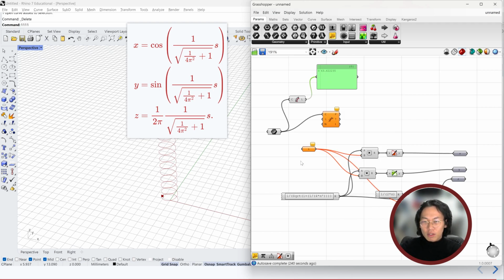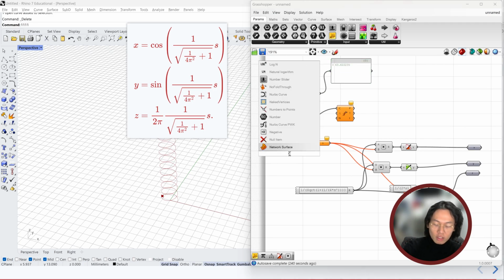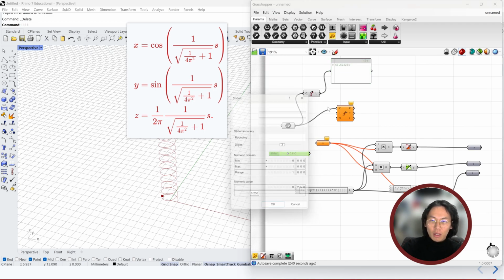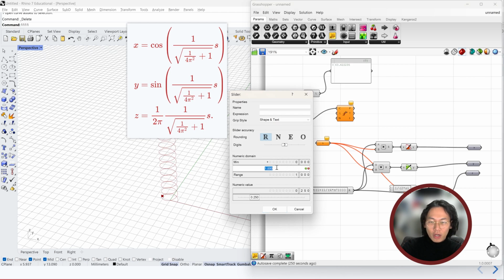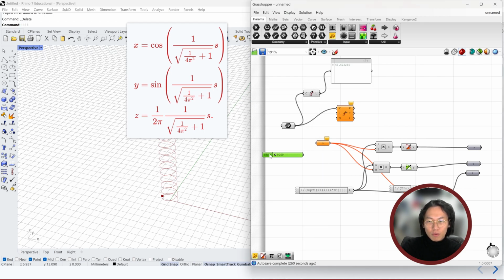So let's copy this data and use a number slider, and change the maximum value to the maximum length of this curve, hit OK. So this would be our input s. This is the arc length, and the total value matches the arc length of this curve. So I plug in here.